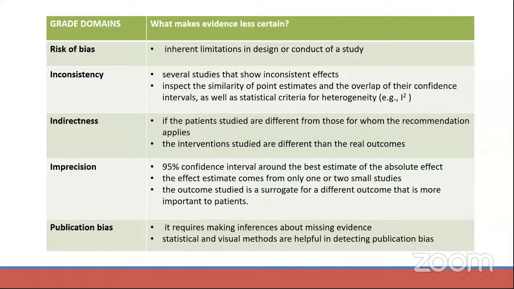So the external validity, or generalization, of the findings becomes difficult when the study involved a lot of restrictions and sophistication, with different equipment in a sophisticated hospital. Next comes imprecision. Look at the 95% confidence interval around the best estimate of the absolute effect.